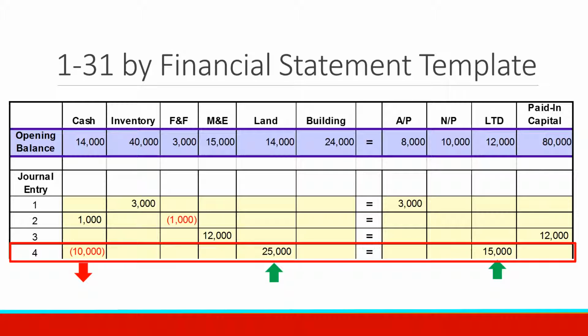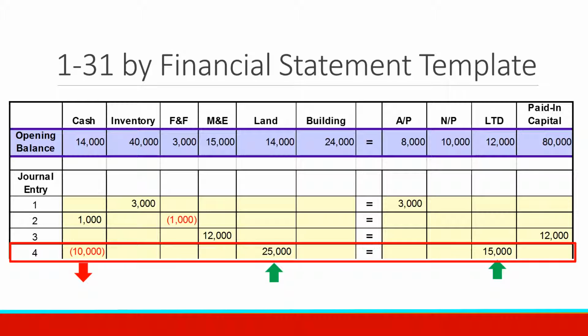Now let's look at the fourth point. Purchased land for $25,000, of which $10,000 was paid in cash, the remaining being represented by a 5-year note (long-term debt). So we're receiving land worth $25,000, so we'll put a positive $25,000 in the land account.